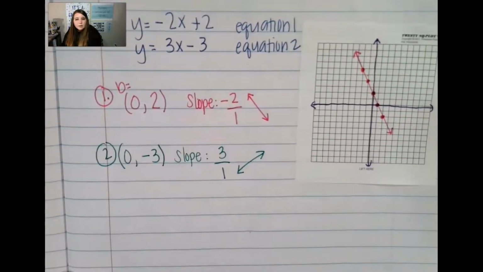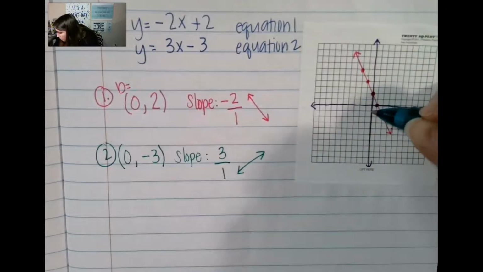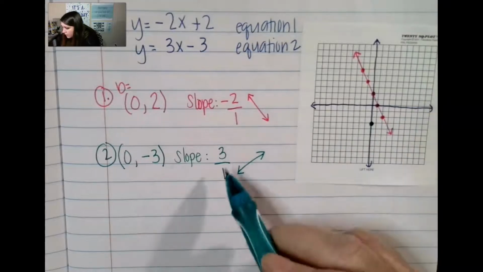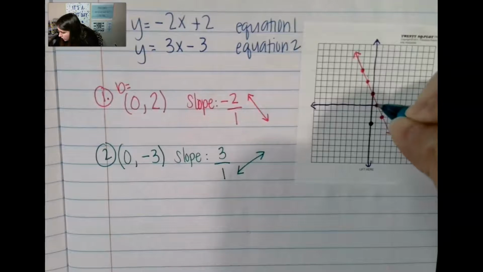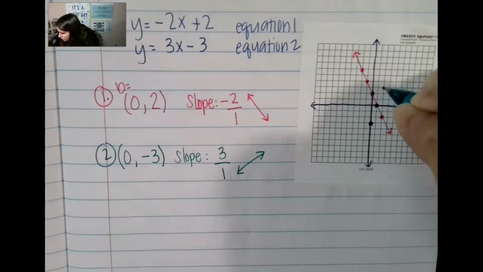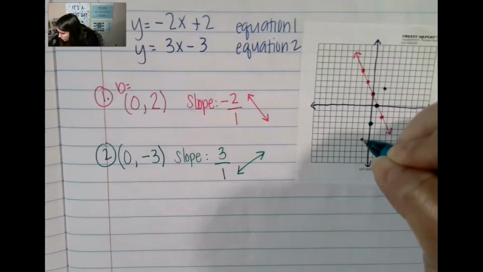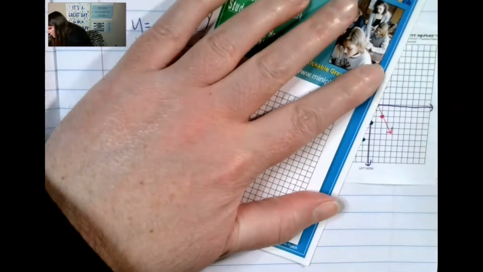Okay, so let's go ahead and look at this and decide where to begin. So we're going to go to 0, negative 3. So 0, 1, 2, 3, put our first dot. And then we're going to go up 3 over 1. Up 1, 2, 3 over 1. Okay, so now I can connect these.